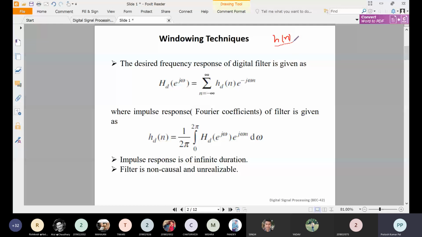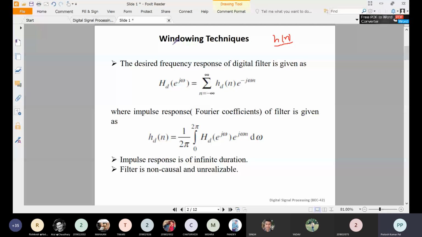This h of n that we find out has an infinite number of samples. But by using the windowing technique, we will restrict these infinite number of sequences available in h of n to a finite number, and that finite number will be obtained by a window function that restricts the infinite sequence to a finite sequence.